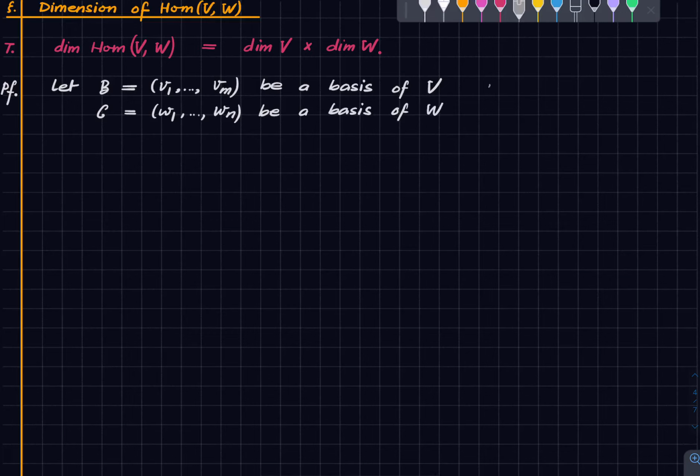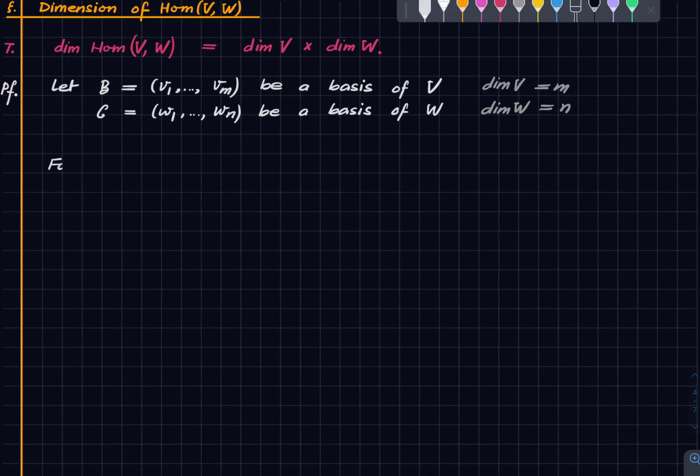So what we are saying is that dim V is m and dim W is n. Okay, so now we will just write down a basis for this vector space.